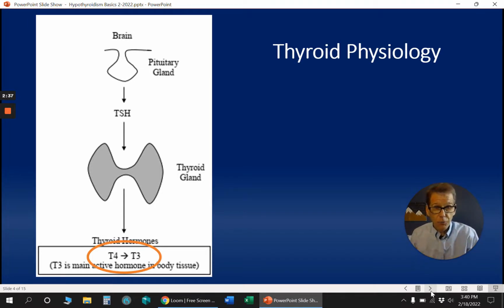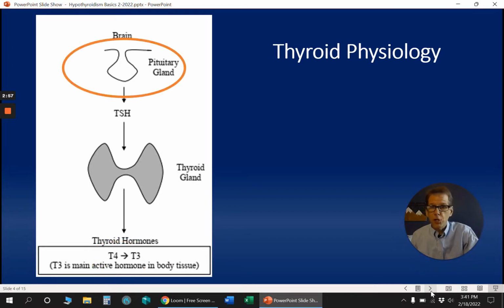But then these hormones travel through the blood. They go to your tissues like your heart or your muscles or your brain. And at the tissue level, your tissues all respond to T3. So your tissues can bring in T4 from the blood, and inside the heart tissue or the muscle tissue can convert that to T3, which affects how the tissues function, how the heart functions, how the brain functions.